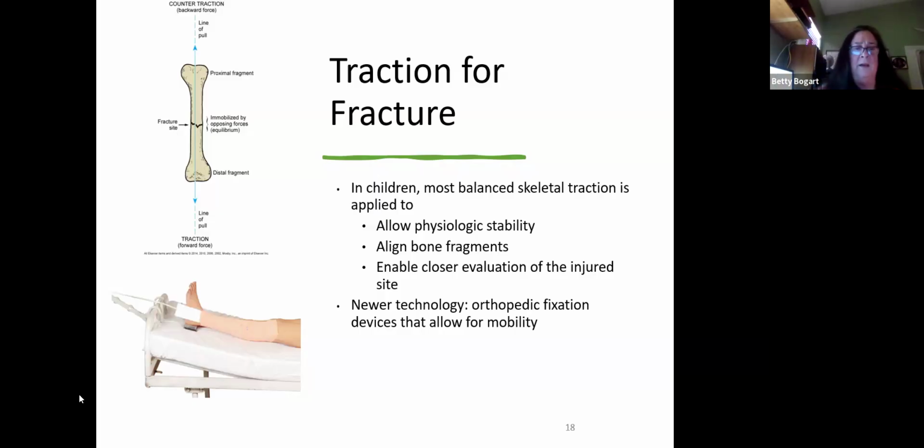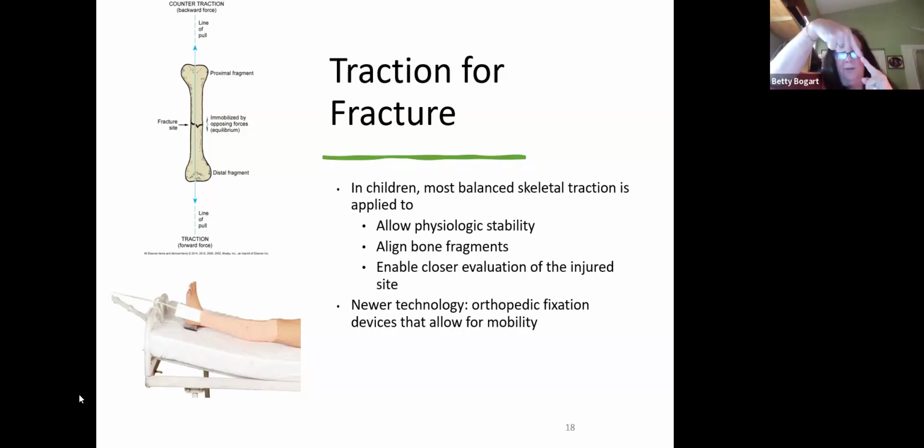So the bottom one, it's called Buck's traction. It is a weight and a pulley that goes on the end of a bed. It's skin traction. It pulls the skin and it pulls it straight. It pulls those bones out so that the muscles are not getting tickled by these sharp points from these bones.